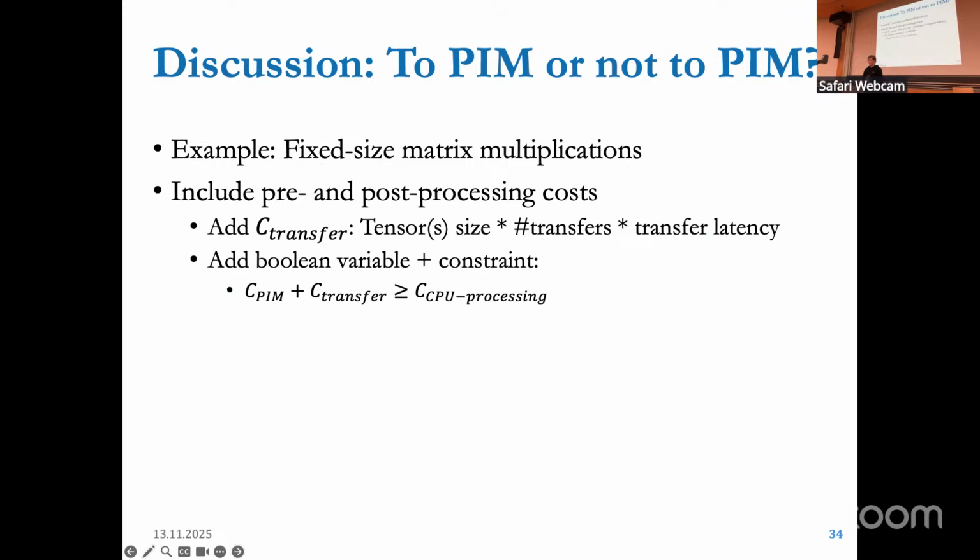And also, we could probably add some kind of Boolean variable, which takes into consideration the transfer cost plus the cost that we have from our OptiPIM solver, and decide against some CPU processing cost whether it is worth it or whether the CPU processing cost is smaller than to process it in memory. But maybe some of you can think about a problem that we could have with this formulation that I've put on the board at the moment.